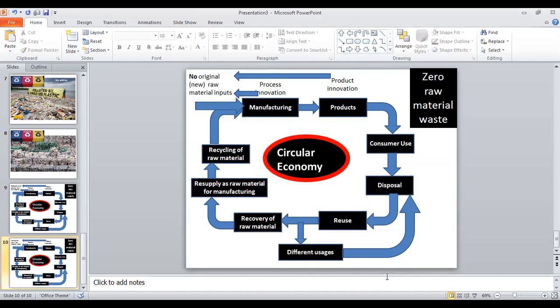Now you can imagine how to have a circular economy. Your approach is not only technology, not only science, not only management, not only production, not only consumption. So everything as a blend.